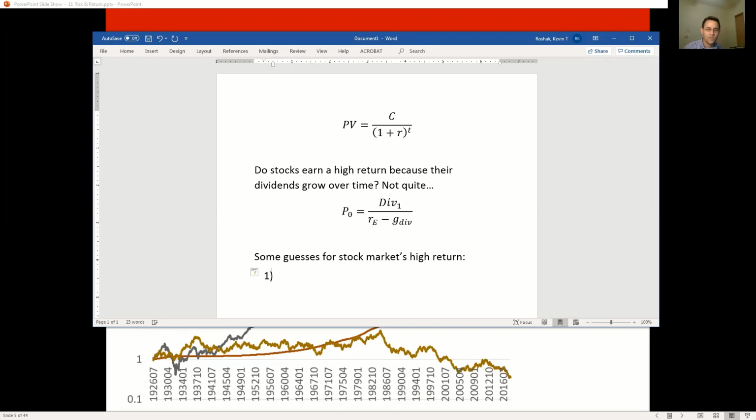Say, well, maybe it's the risk, except the casino also takes risk. Say, well, maybe it's that it's tied to something real, except corporate bonds and T-bills are also backed by something real.